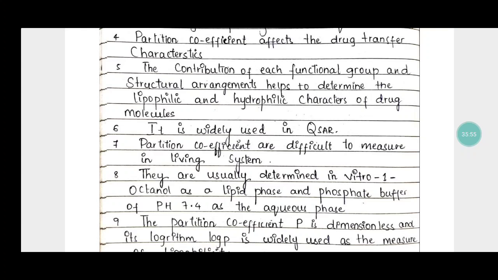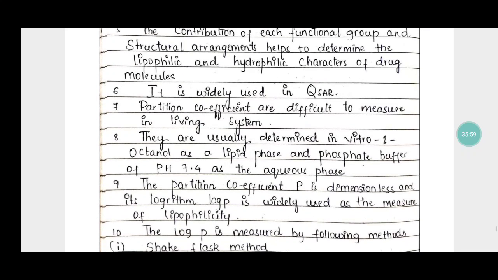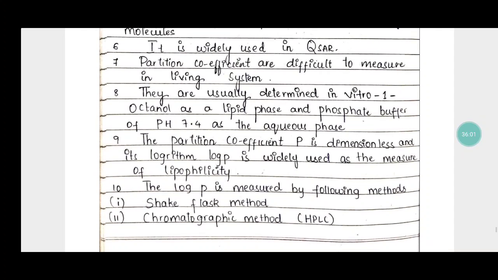Partition coefficients are difficult to measure in the living system, so they are usually determined in vitro, with 1-octanol as the lipid phase and phosphate buffer of pH 7.4 as the aqueous phase.